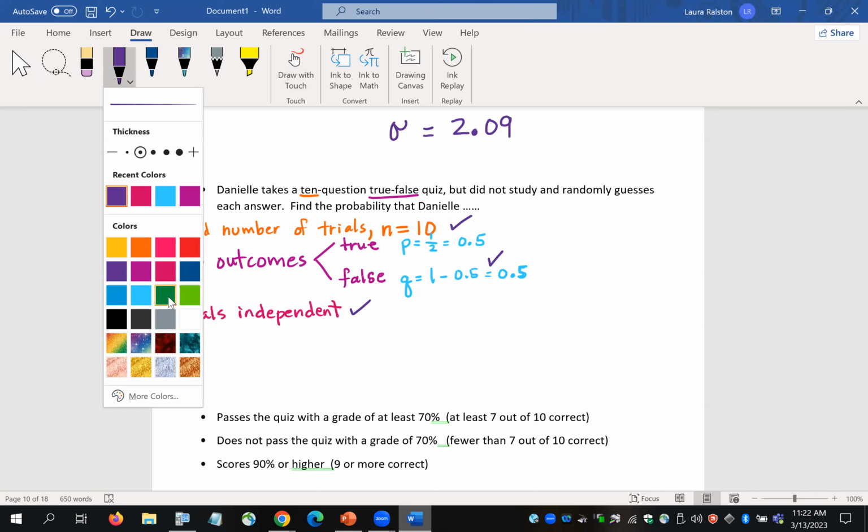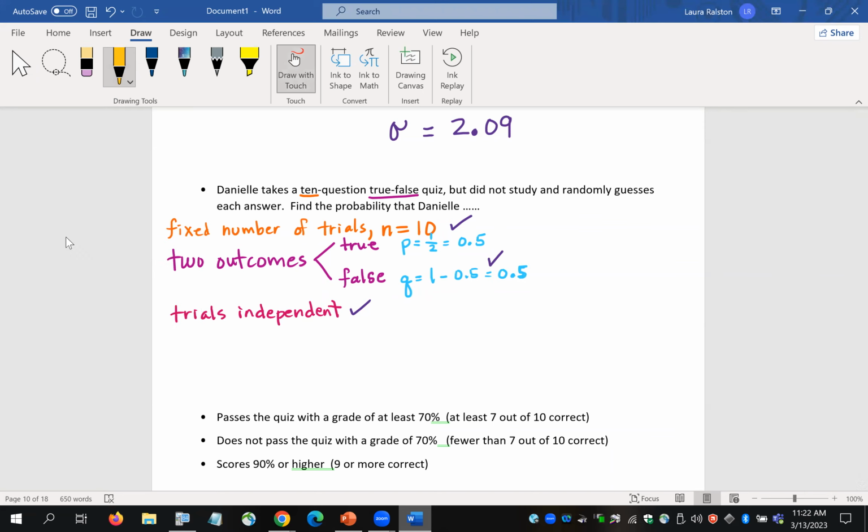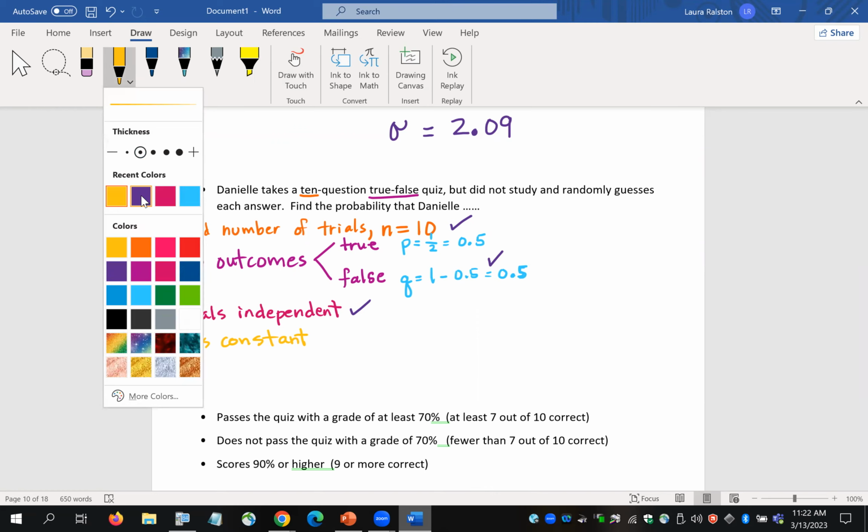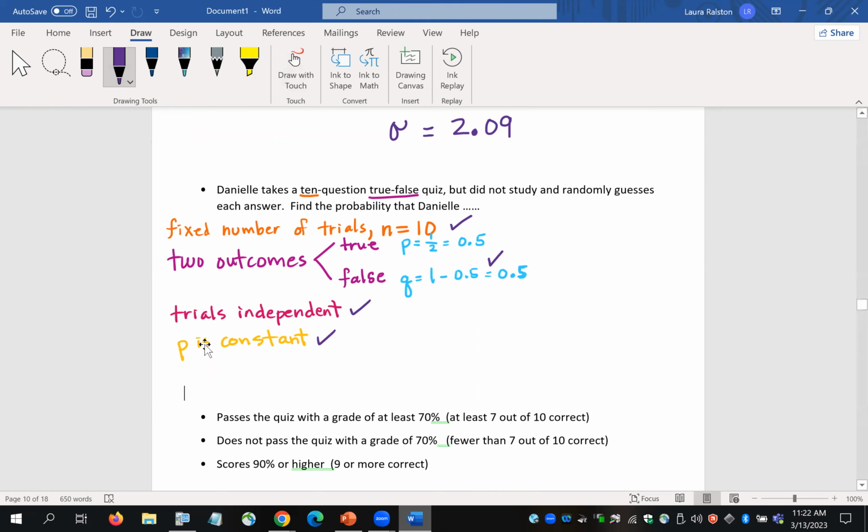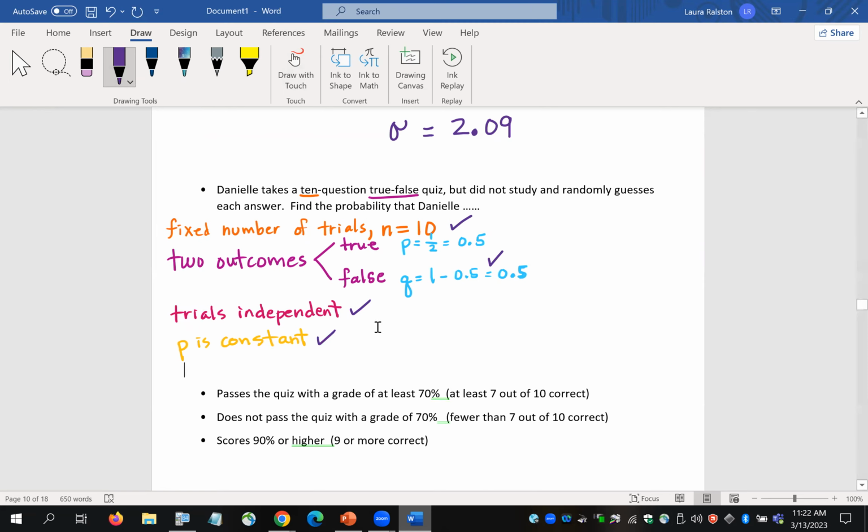And the last one is that the P is constant. Well, each question is true, false. So her options are not going to change. And again, apparently she's randomly guessing. So it does meet the requirements for being a binomial distribution.